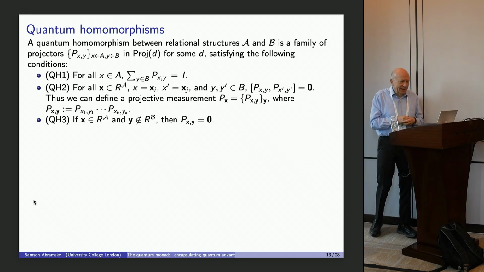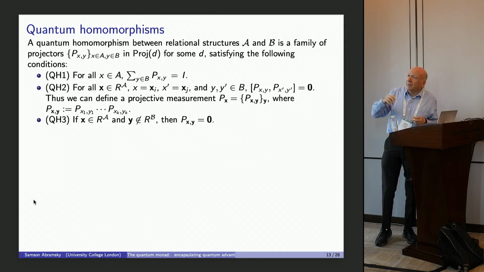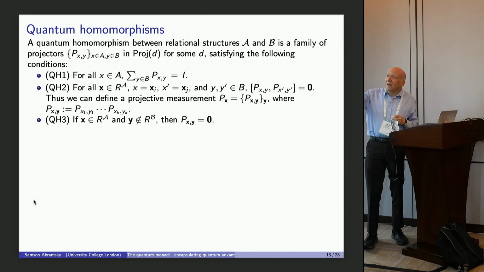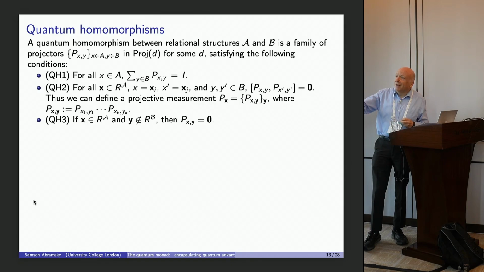structure. And then we get some commutation conditions, which are quite important, because we need to know that projectors commute in order to be able to form a joint measurement, which is what allows us to express this correctness condition, that in any case where we assign a non-zero projector to an input-output relation, then indeed we have a valid homomorphism.